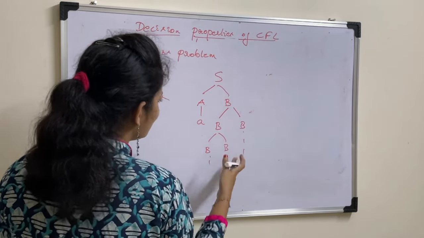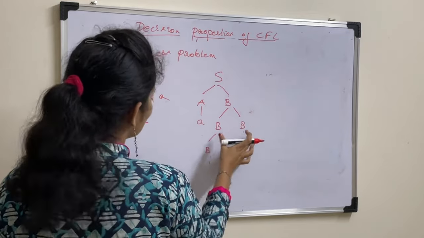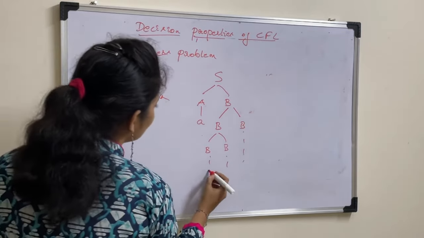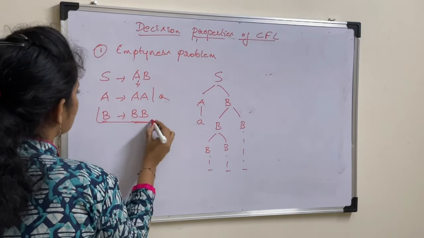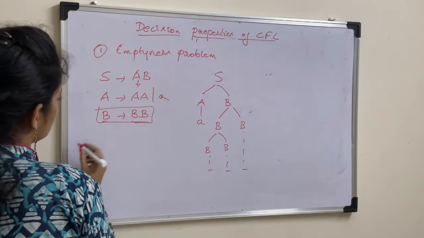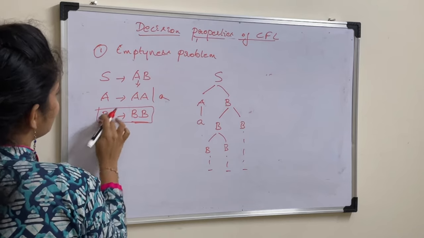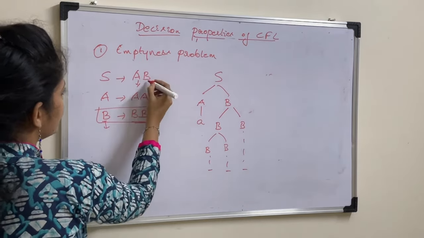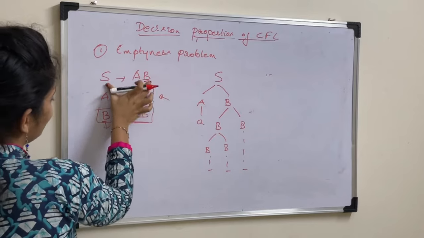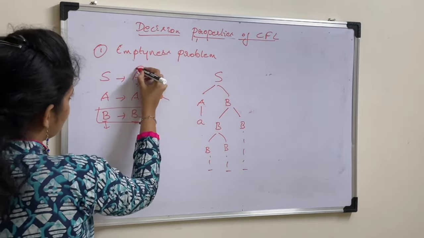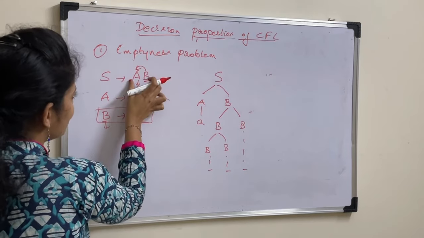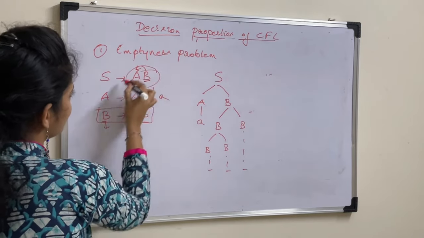Repeatedly B's will be generated, but we can't generate any terminal symbols from B. So this production is useless. B is present in the starting production, and as it is associated with A, the complete AB becomes useless.